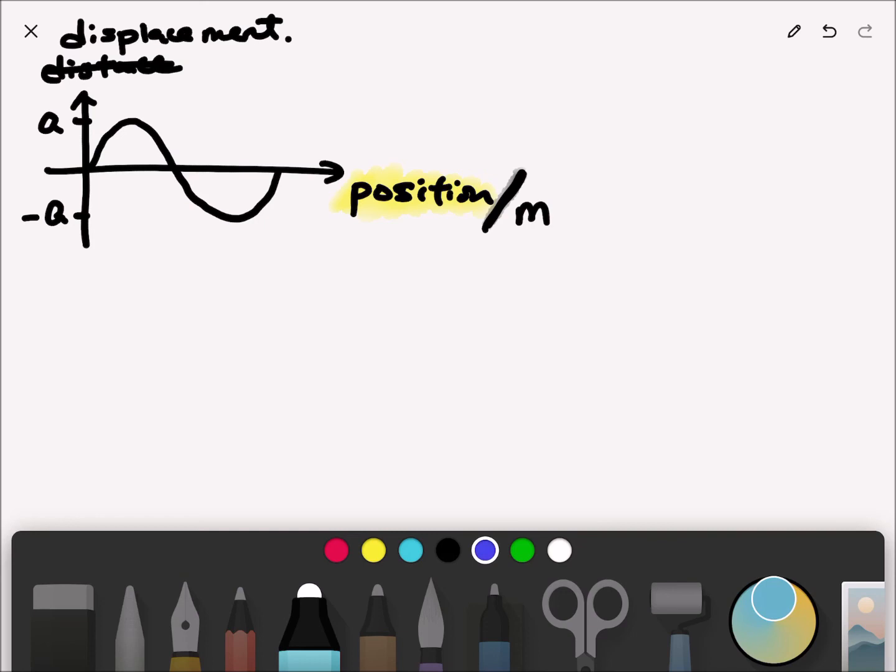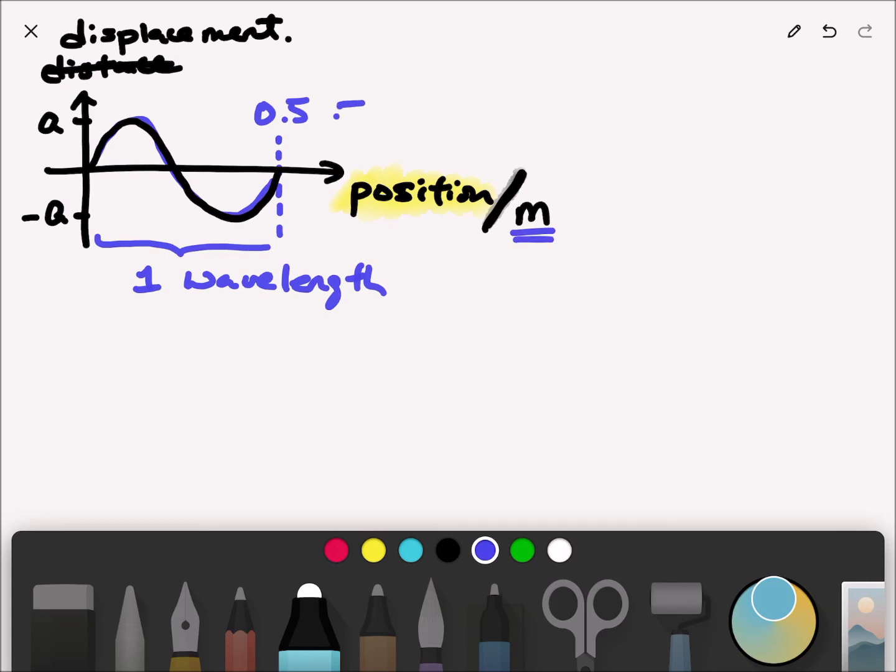Just remember, for the displacement position graph, one waveform will give you one wavelength. So for example, if down here I tell you that this is 0.5 meter, what is the wavelength? It means that your lambda equals 0.5 meter.